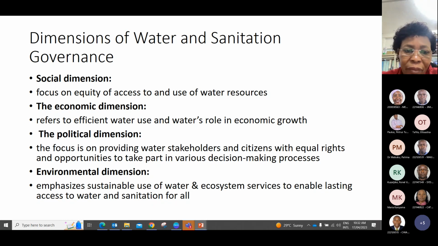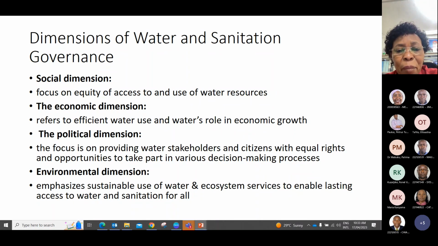You see, the political aspect of water and sanitation governance doesn't just involve politicians sitting in their offices and deciding where, when, and to whom they should provide water. But it goes beyond that. Of course, they're involved because finally they go and make a case, maybe to the Minister of Finance or the Minister of Water. So finally they are supposed to be involved. But in terms of water and sanitation governance, the political dimension goes beyond the politicians.